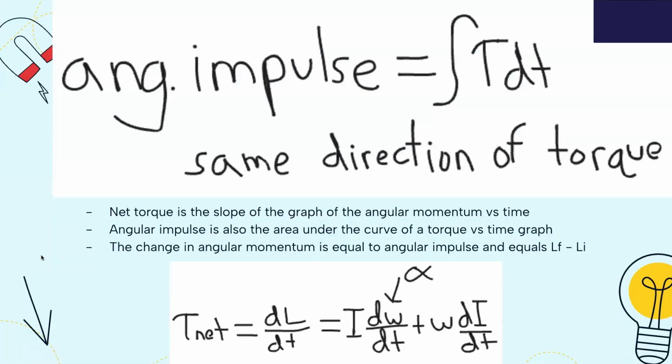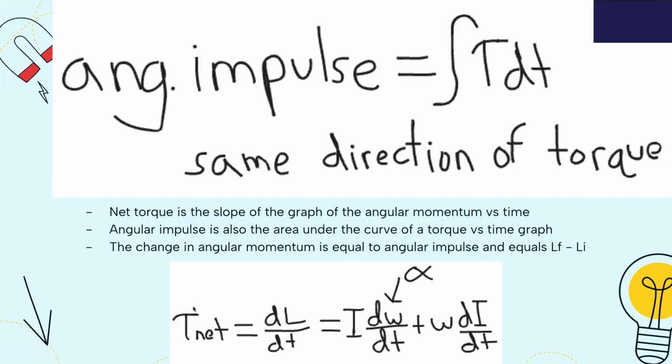Angular impulse is equal to the integral of torque dt, and angular impulse will have the same direction as torque. Because of this, the net torque is also the slope of the graph of angular momentum versus time, and angular impulse is also the area under the curve of a torque versus time graph. The change in angular momentum is equal to the angular impulse and equals the final angular momentum minus the initial angular momentum.